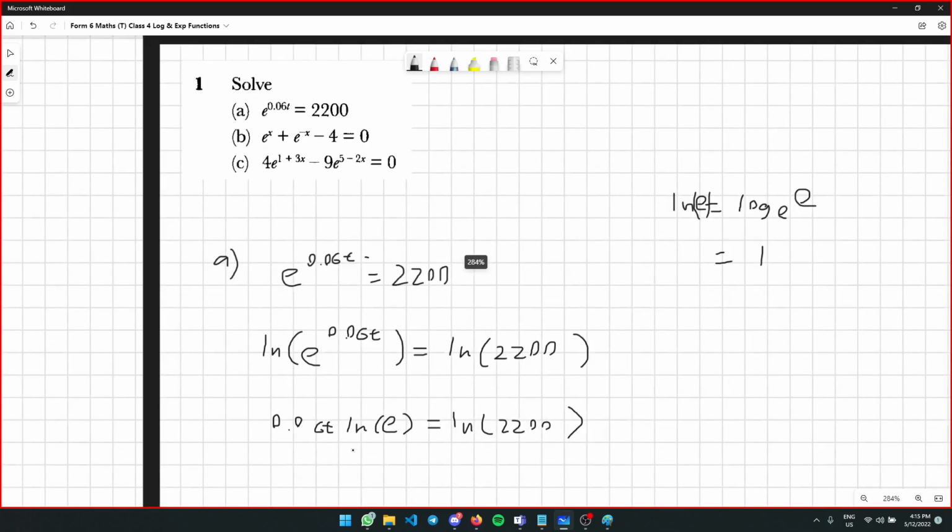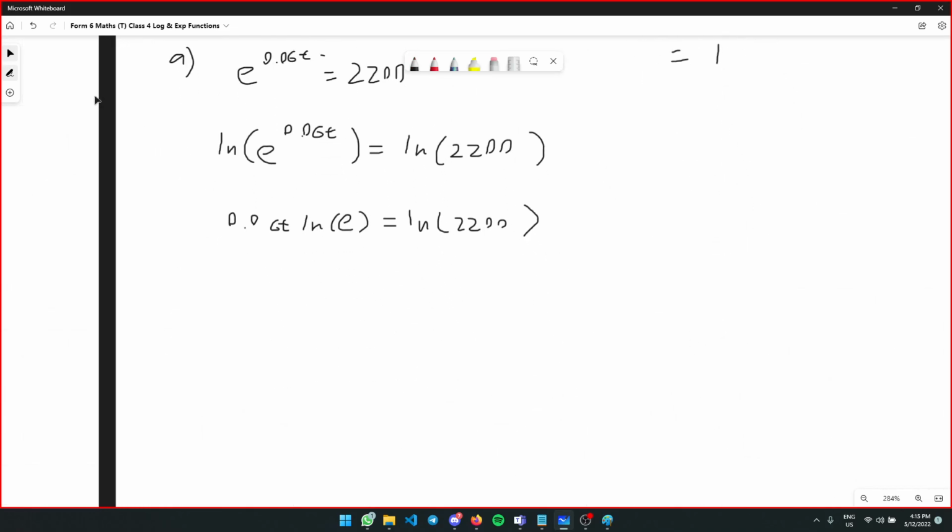If that's 1, what can we do? We can just take that out. So you have 0.06t equals ln 2200, and your final answer will be t equals ln 2200 over 0.06.